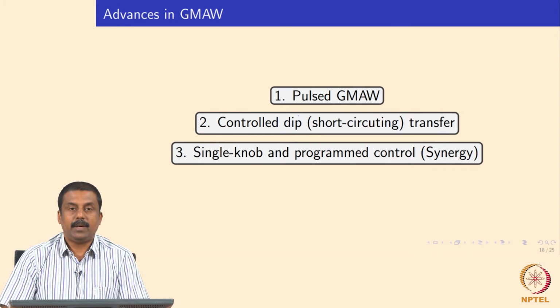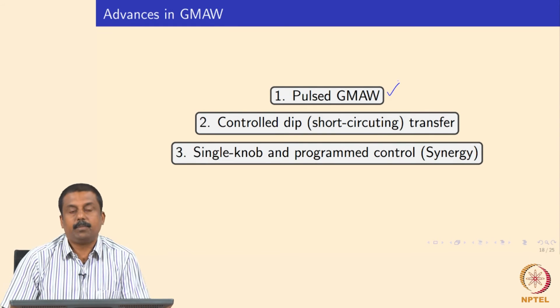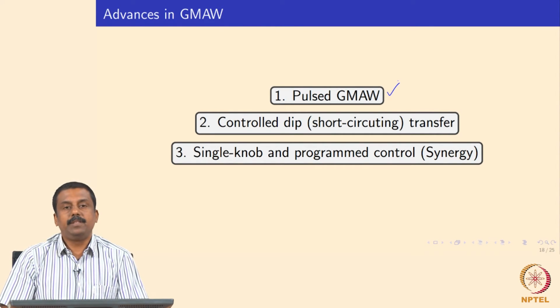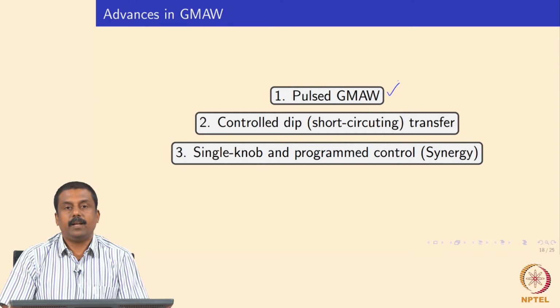By using pulsing, we can achieve a spray transition at a much lower mean current than otherwise if you use constant current. So pulse GMAW is also one of the most attractive processes to reduce the heat input considerably, but still achieving a spray transition.